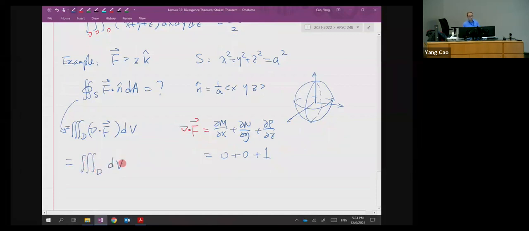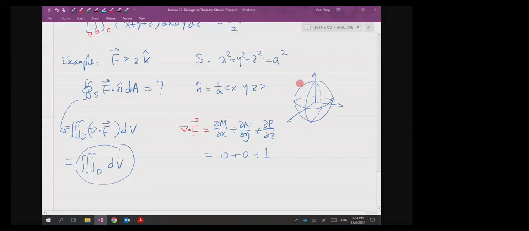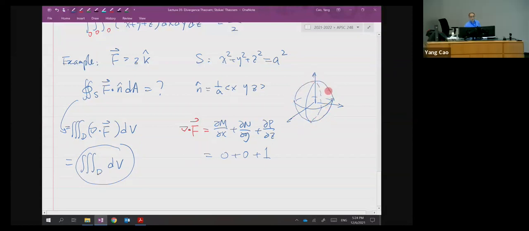So this triple integral ends up as just the integral of dV. And what does this mean? It's the volume of the region D. And what is the region D? The region D refers to this volume. Basically, region D is the sphere.